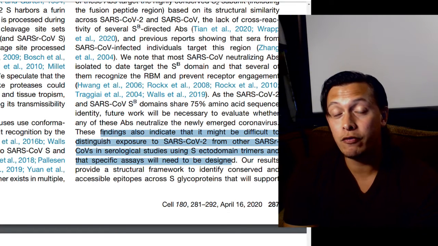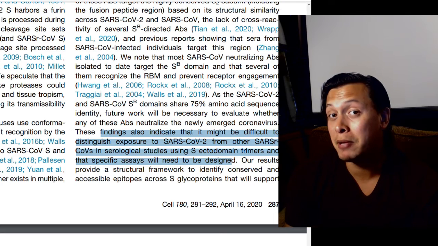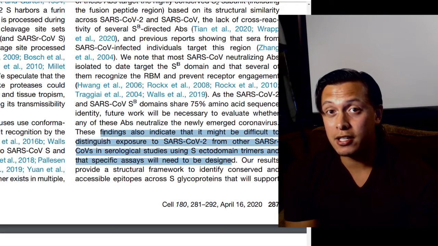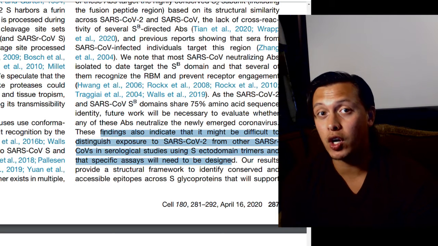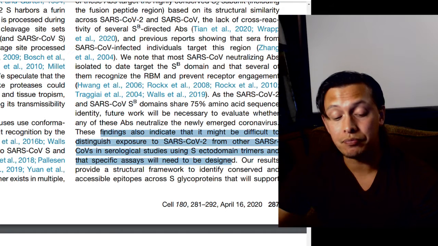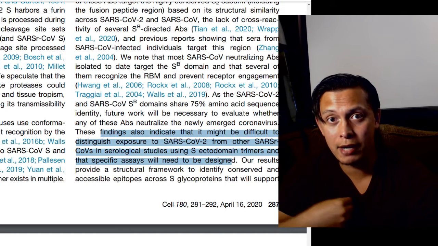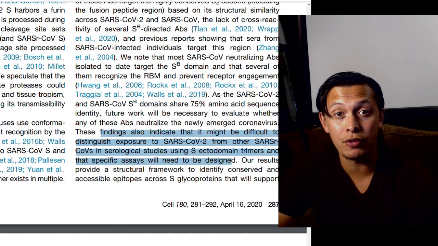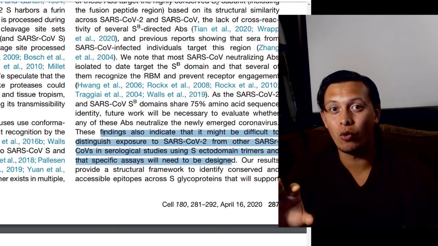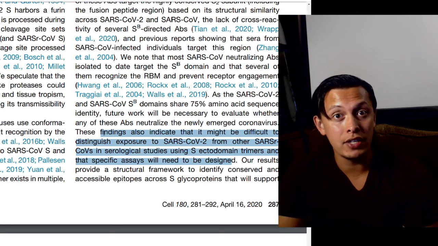If we are doing antibody studies to see how many people got infected with the coronavirus, then we need to be very careful, because if there are different coronaviruses also creating antibodies within the people that they're infecting, we have to make sure to account for the cross-reactivity of these antibodies.